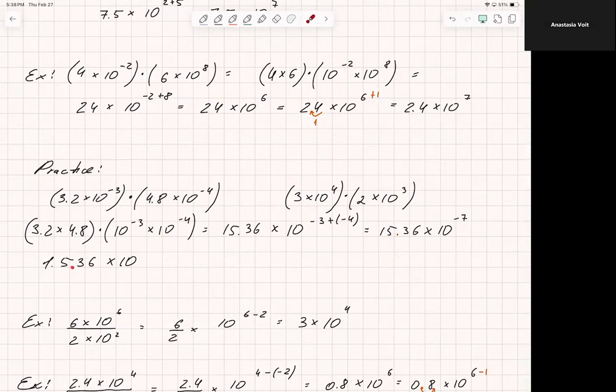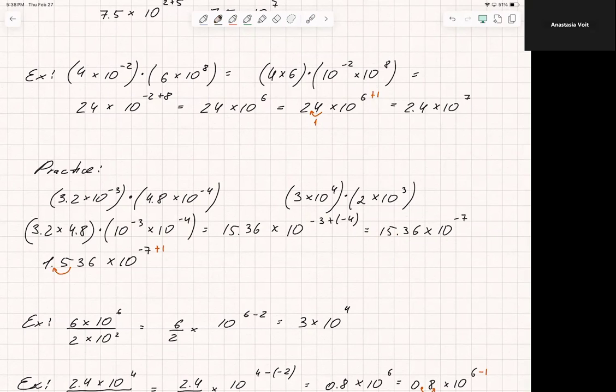So let me write it here. And then we need to move it 1 unit to the left, right? So when we move 1 unit to the left, we would need to add 1 to our power. So we have negative 7. Now we need to add 1 as we move from the original location of the decimal point to a new location.